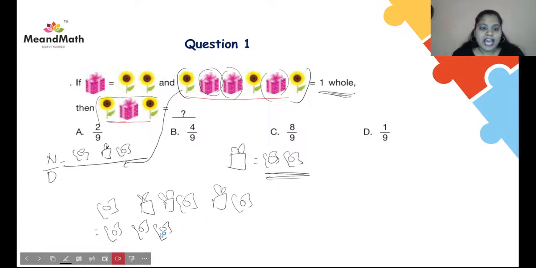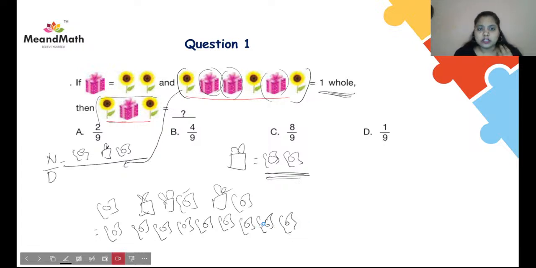Okay, I see answers are already coming up. Very good. So one gift box done. Another gift box we will replace by 2 sunflowers. One sunflower is there, we'll write it as it is. One gift box we have, so we write 2 sunflowers in that place. Another sunflower we have, we'll write as it is.